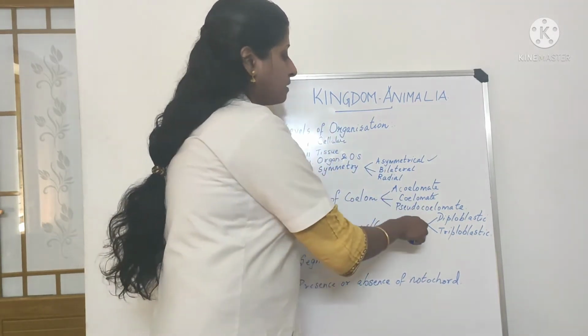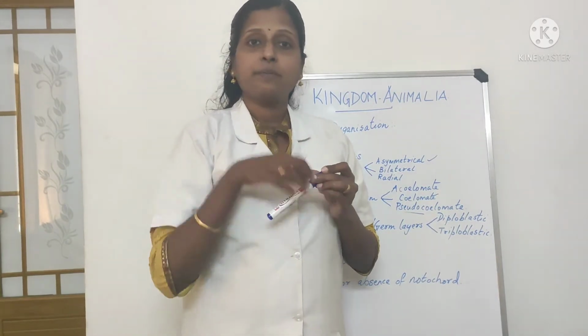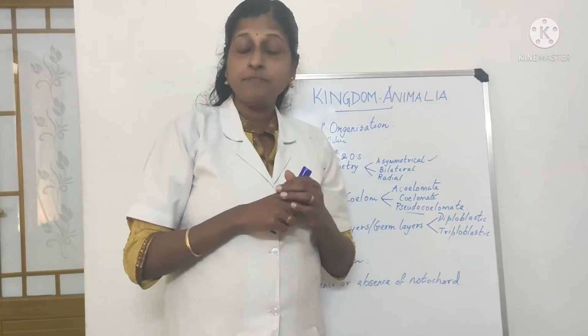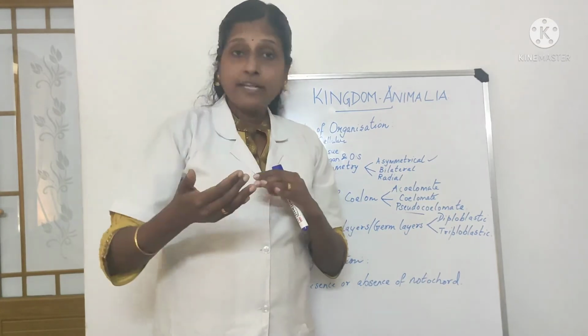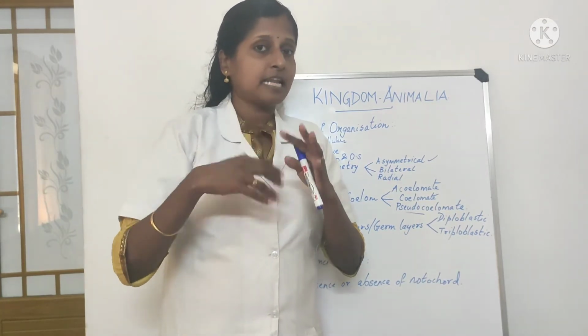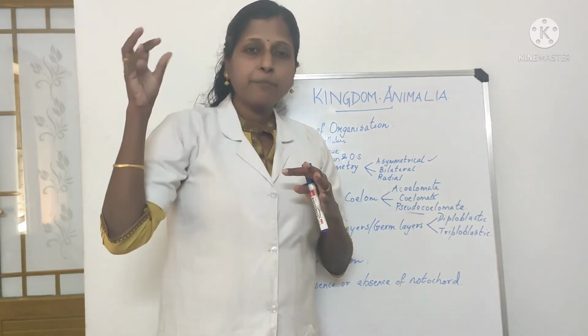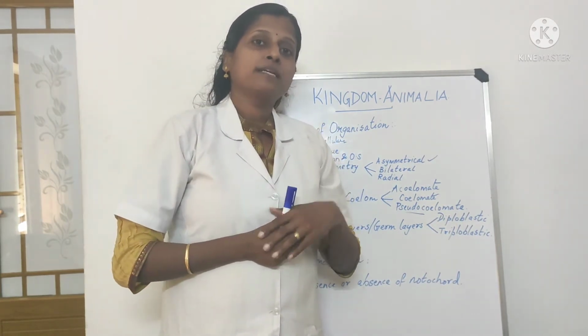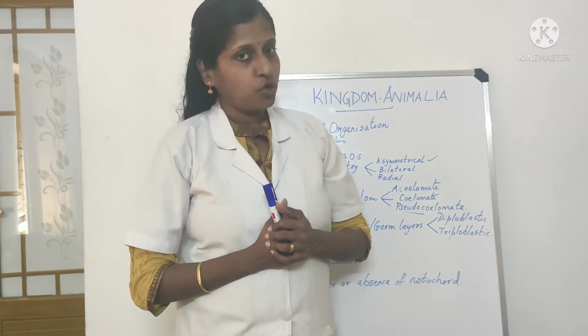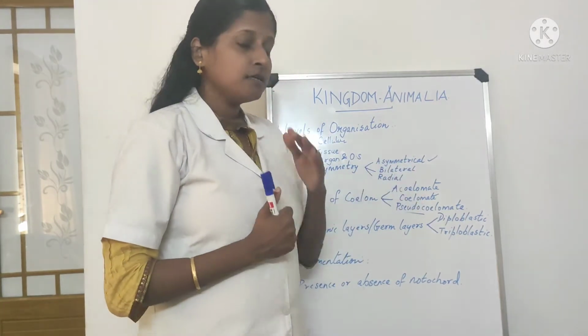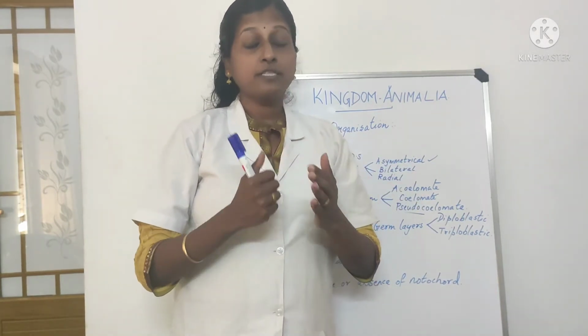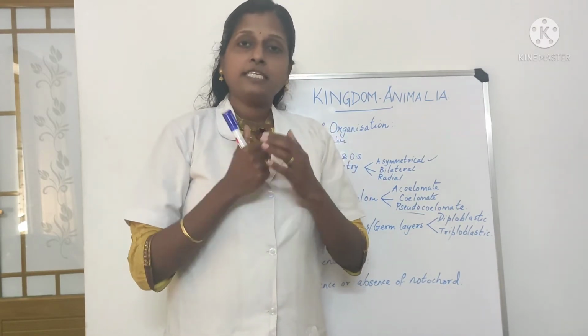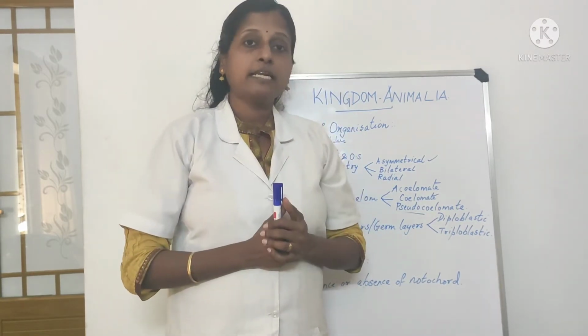And there is another one, pseudocoelomate, where the coelom is present in scattered pouches and is not derived from the mesoderm, rather it is derived from the blastocoel during embryonic development. So these are the three types of organisms based on the presence of the body cavity and the fluid in it, that is coelom.